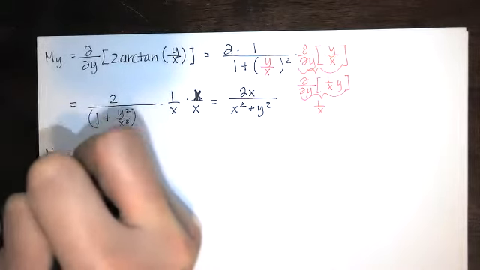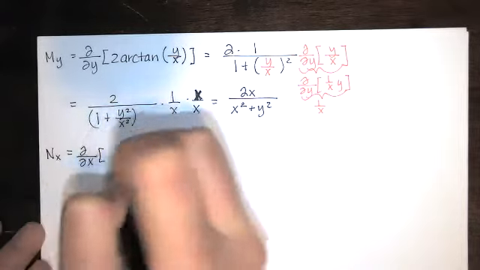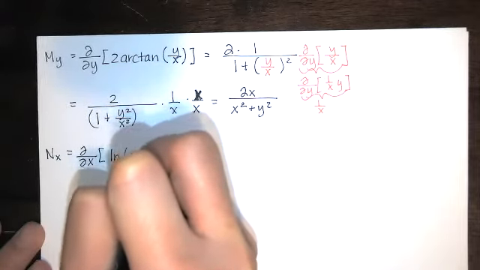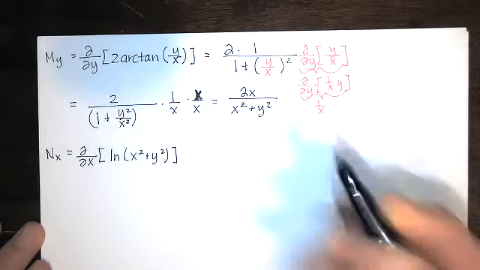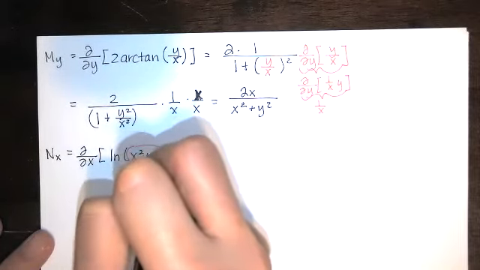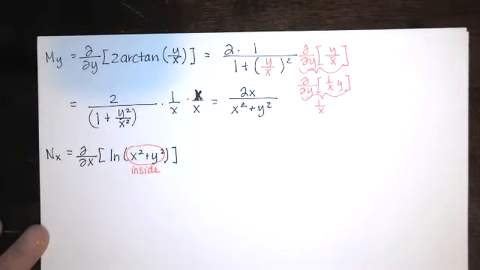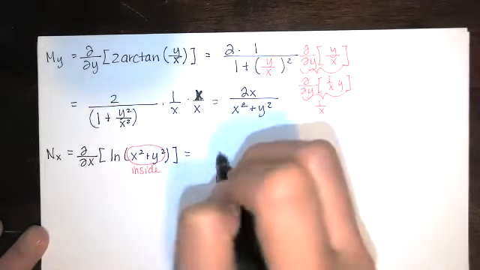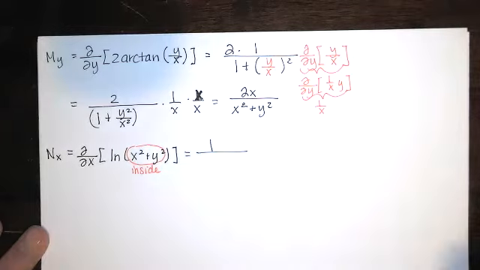Now we need to take the partial of N with respect to x, and N was natural log of x squared plus y squared. This also requires the chain rule. We've got an inside function there. The derivative of log of a function is 1 over the function.